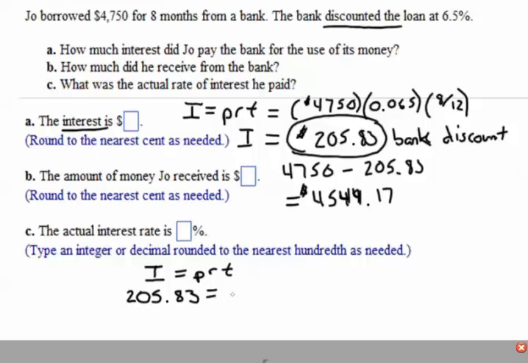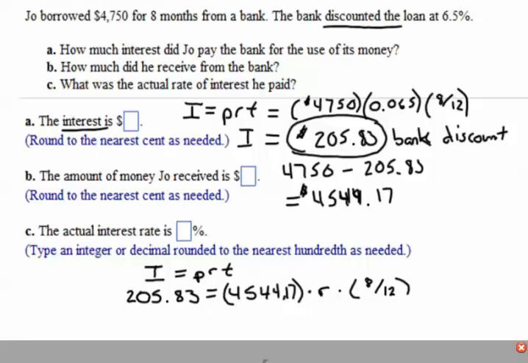The principal is the actual amount that she received, the net amount, which would be $4,544.17. The actual interest rate is unknown, so we'll leave it as an R. And the time, again, is 8 months out of the 12 months in a year, so we say 8/12.